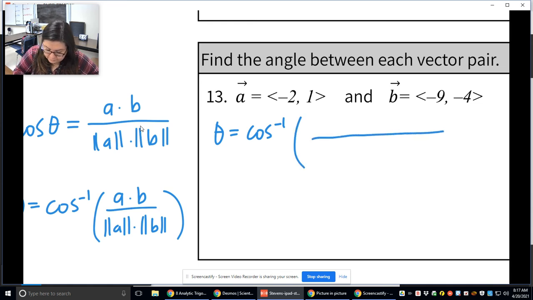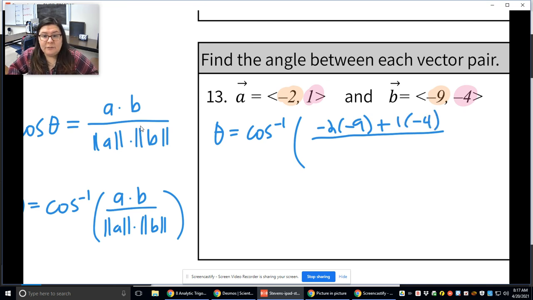You do corresponding parts. So -2 times -9 plus 1 times -4. Okay, then I need to find the magnitude of each vector.